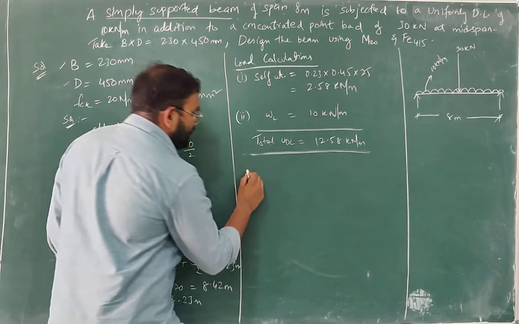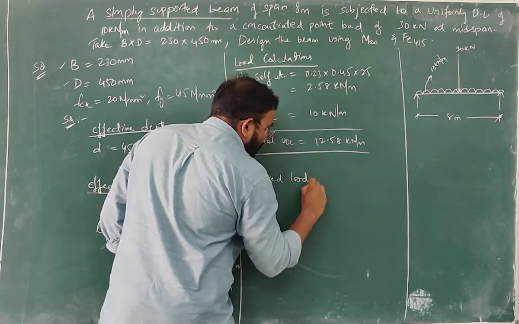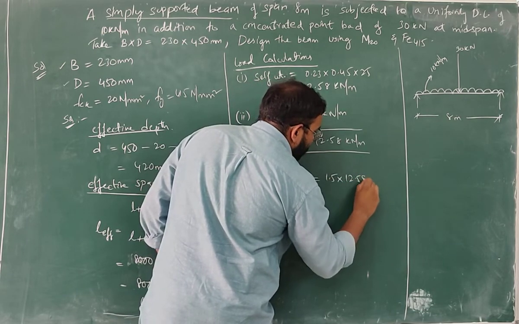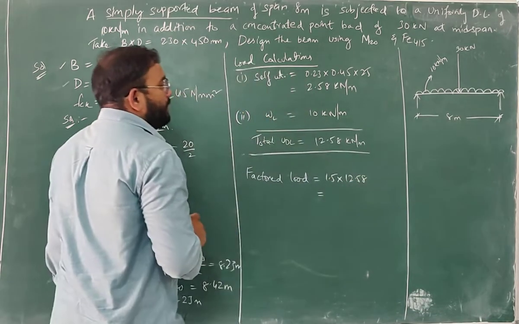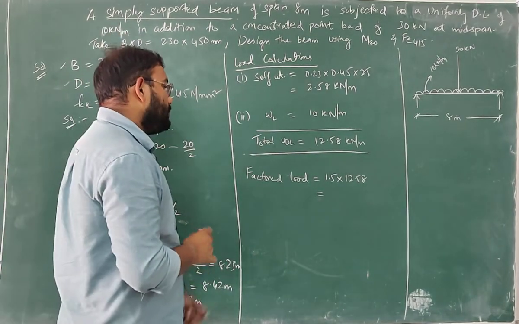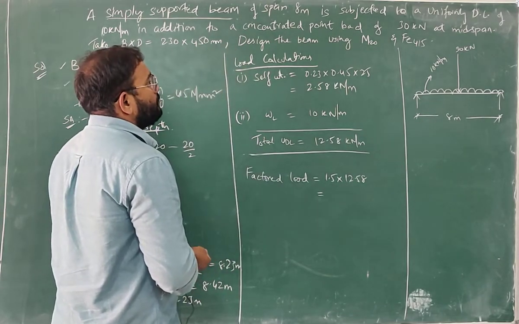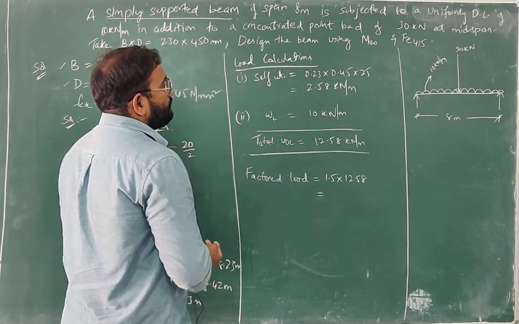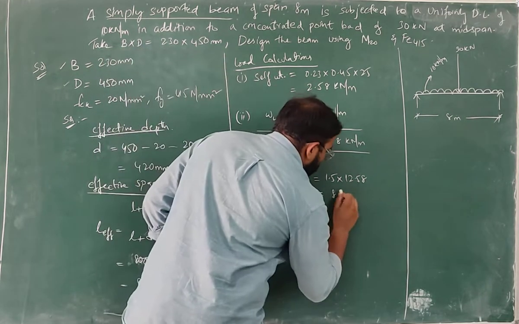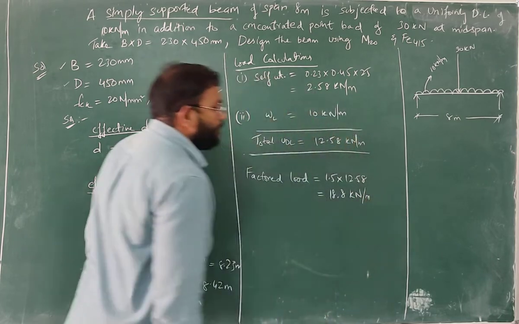Okay, next is factored load. Factored load 1.5 multiplied by 12.58. Tell me how much this is? 18.8 kilonewton per meter.